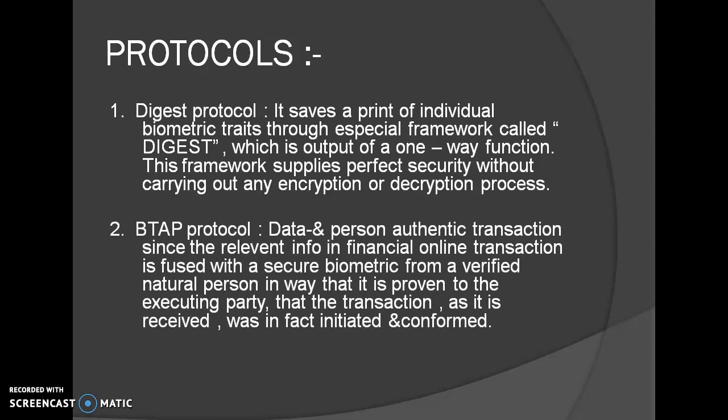Second one is the BTAP protocol. In the BTAP protocol, information of a financial online transaction is fused with a secure biometric from a verified person to the proven executing party.